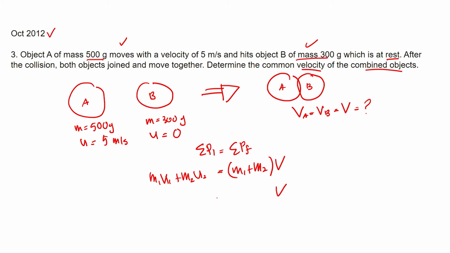So V equals M1 U1 plus M2 U2 divided by M1 plus M2.